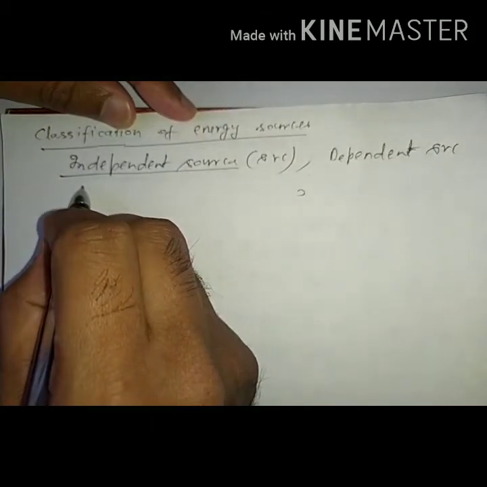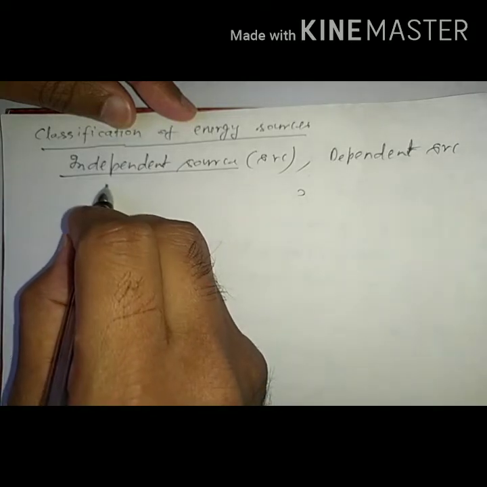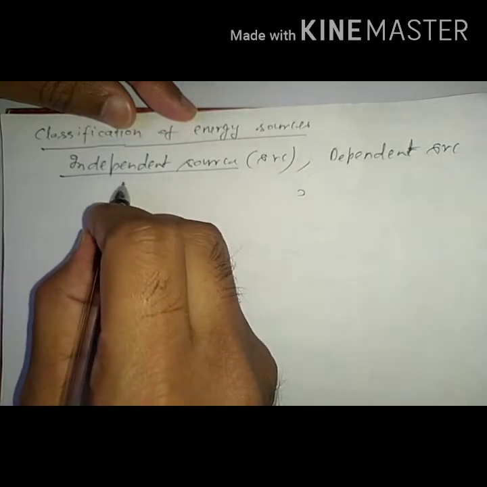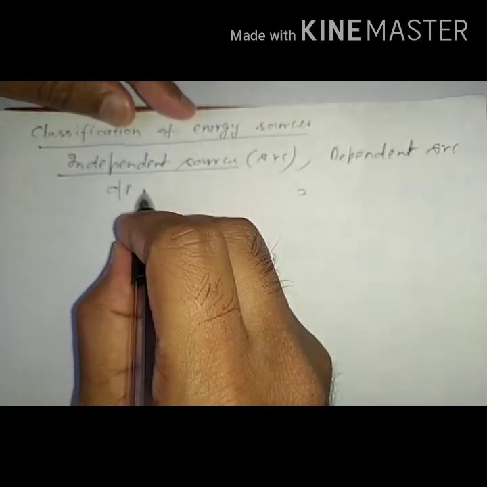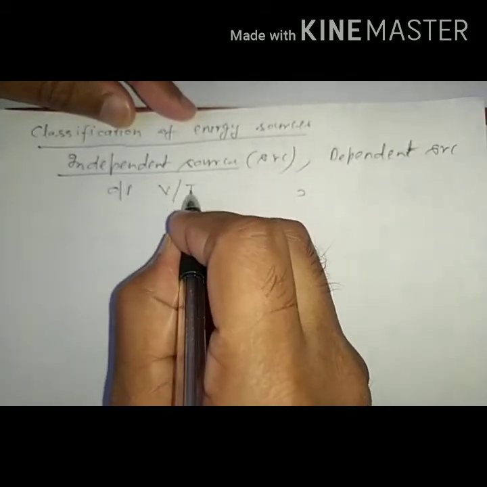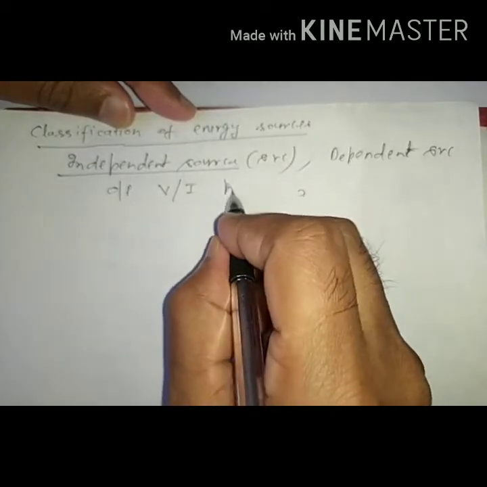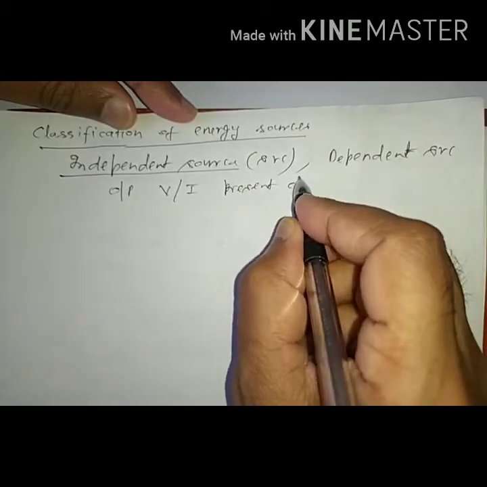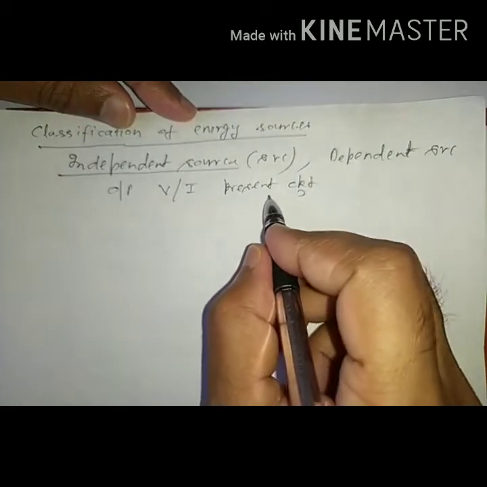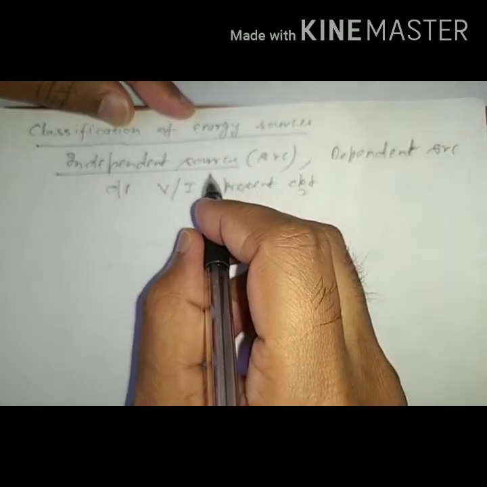If the output of a source is not dependent on any other voltage or current present in the circuit, then it will be what? Independent source.